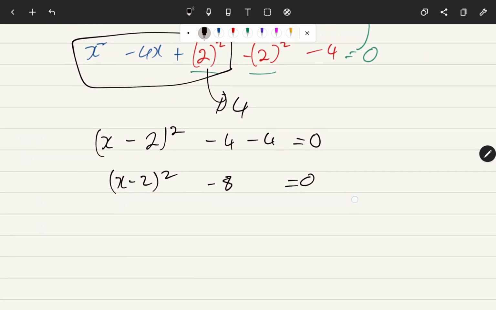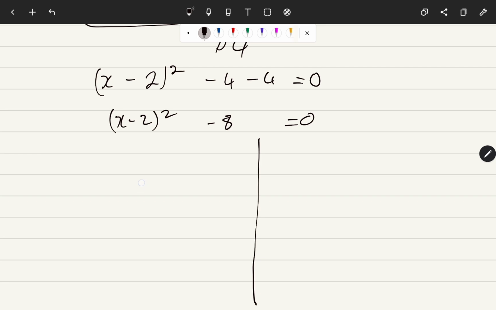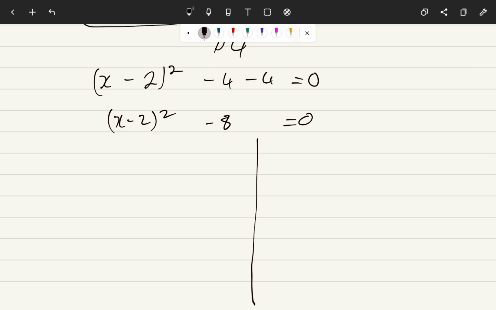Trying to solve for x, there are 2 methods. In the next coming examples we'll just stick to one method. So here person 1 can say we take x minus 2 whole squared equals to 8, and then we just do the square root both sides.